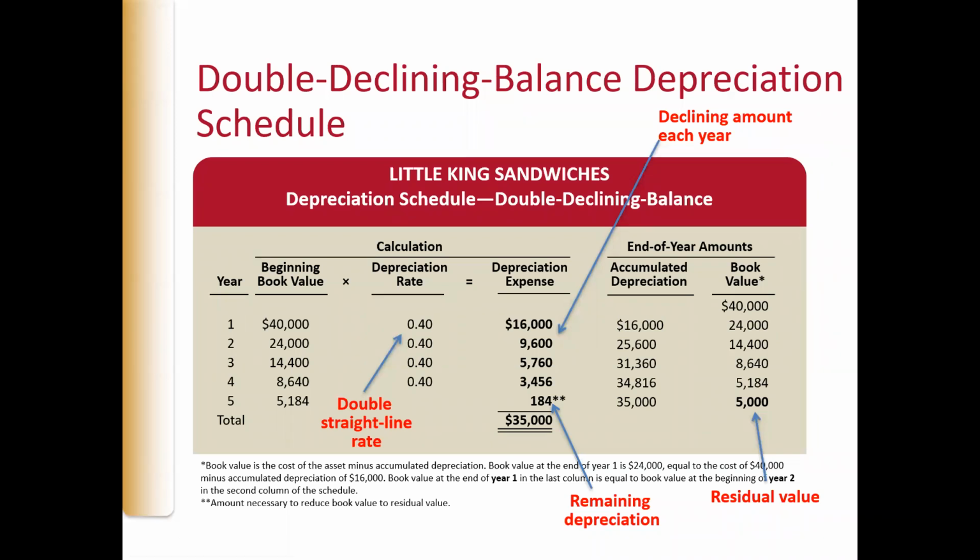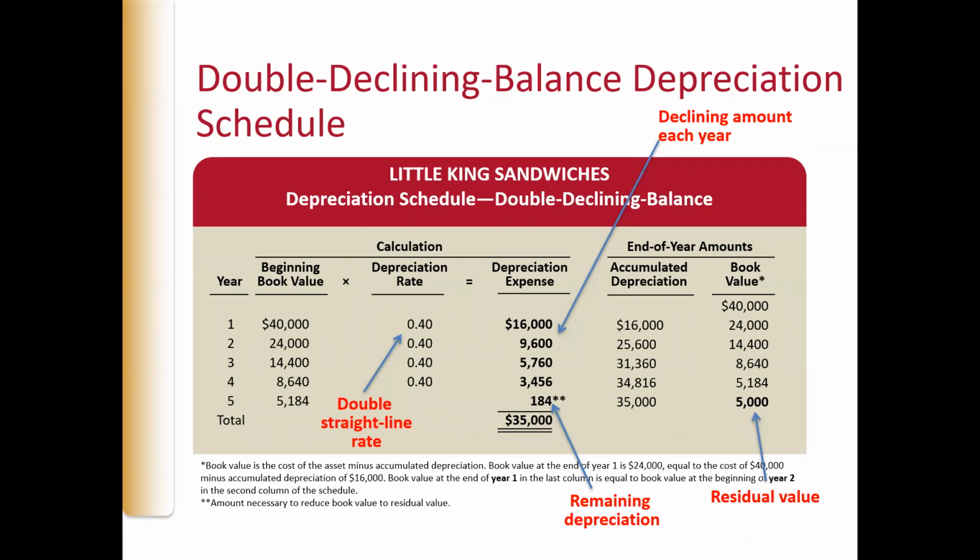Then for year 2, guys, this is important. You don't take the 40,000, you take the new book value after year 1, the 24,000 times 40%, which gives us 9,600. That 9,600 gets added to the accumulated depreciation, so at the end of year 2 our accumulated depreciation is 25,600.